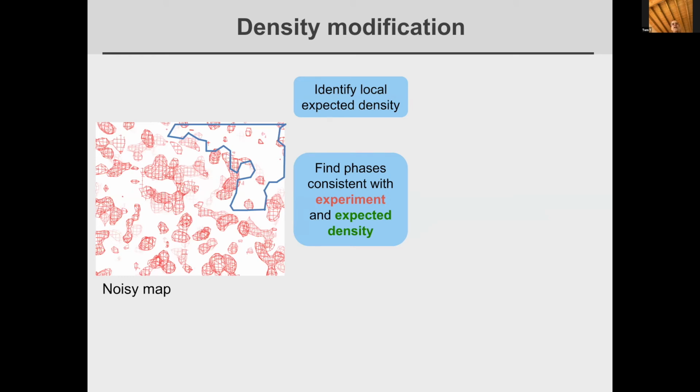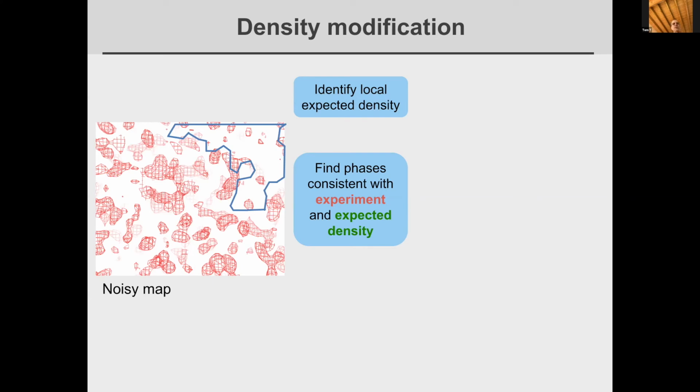So then you can say, let me find phases that are consistent with the experiment, any experimental phase information we came in with from our sulfur, selenium SAD experiment, and the expectation that this part of the map should be very flat. So we're going to find a kind of intersection of where the solvent becomes flat and consistent at the same time with the experimental data.